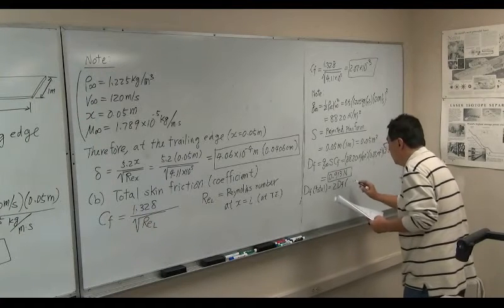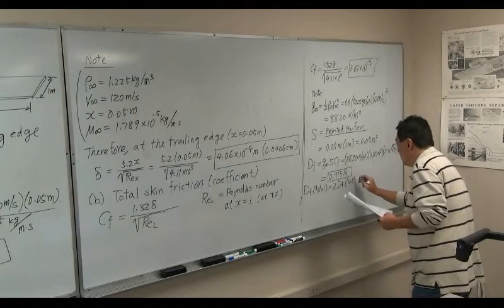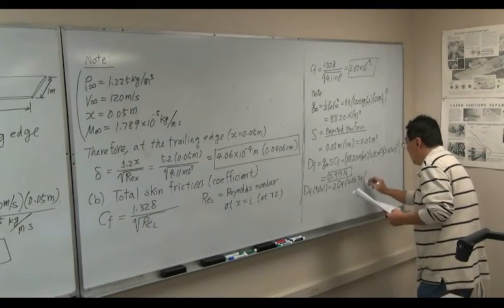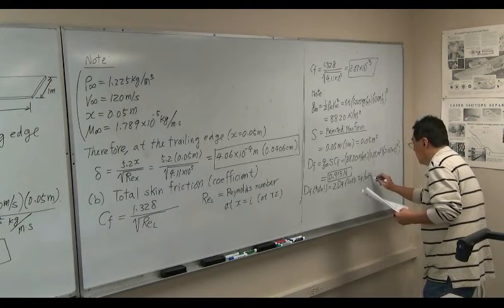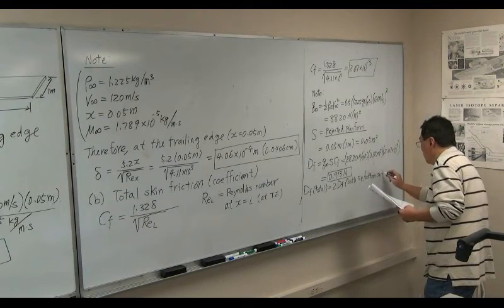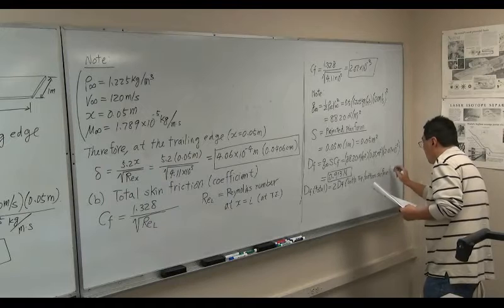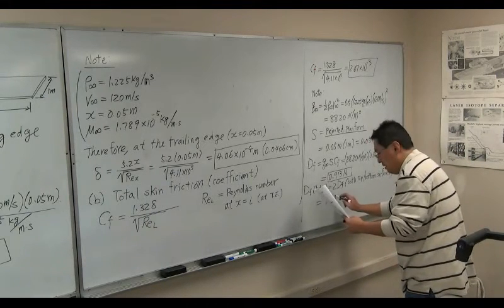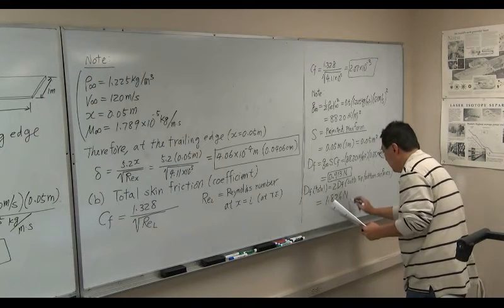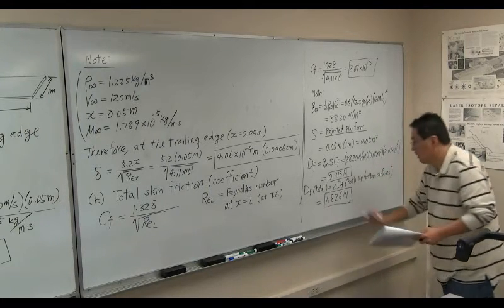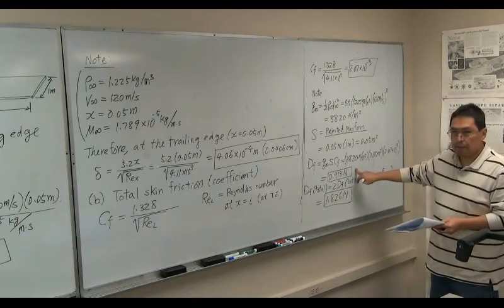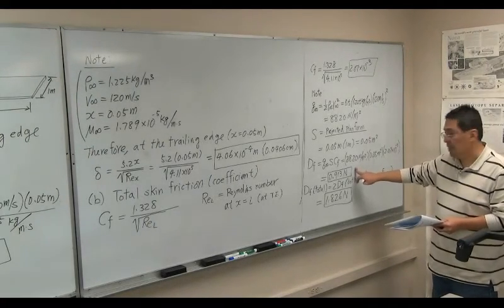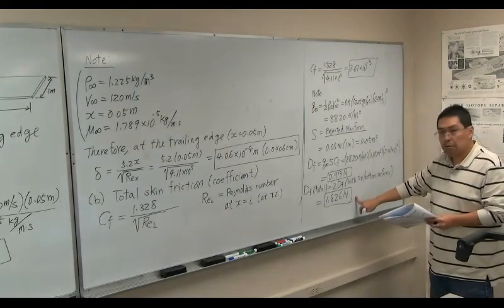The reason is both top and bottom surfaces. Therefore, the total value is 1.826 newtons. So this is the answer. A single surface has this much skin friction drag; for both surfaces, this is the total skin friction drag.